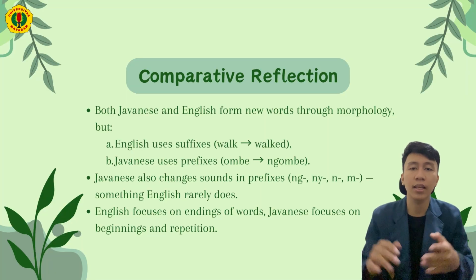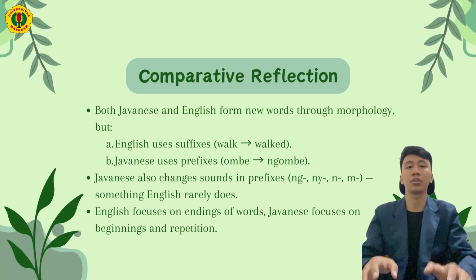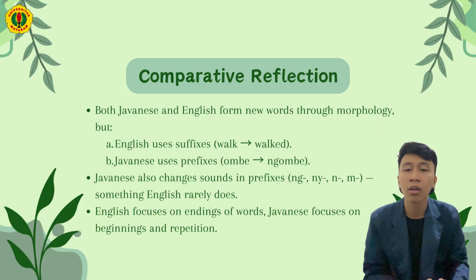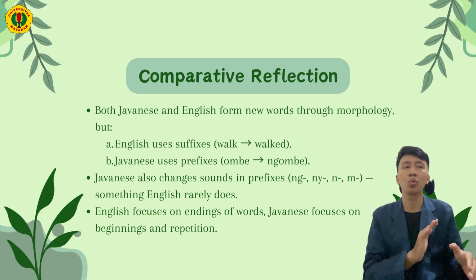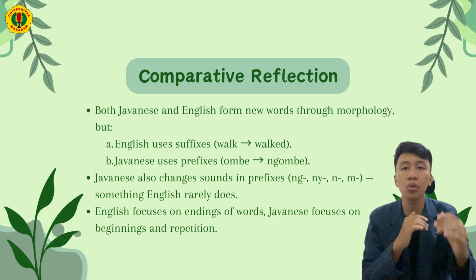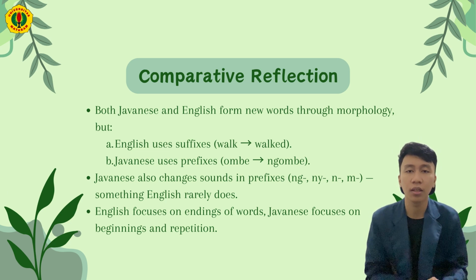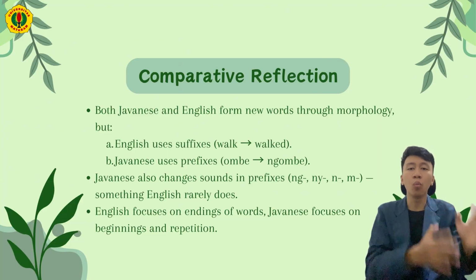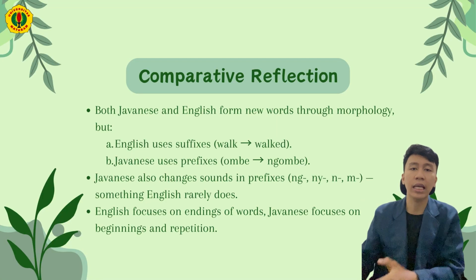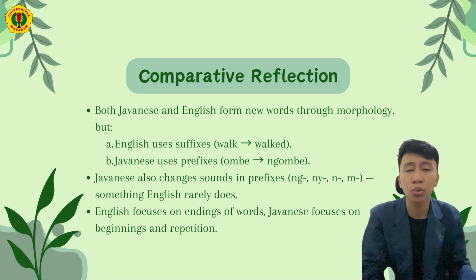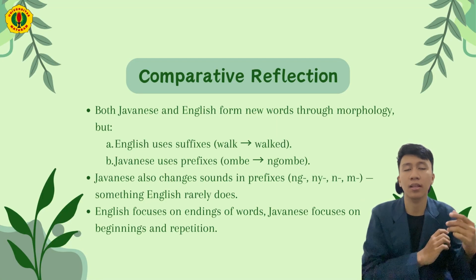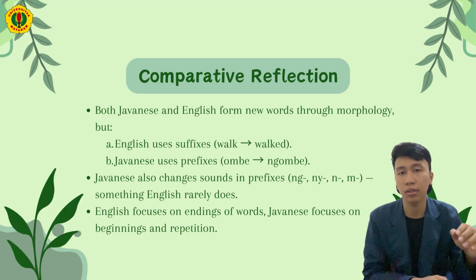So we can say that English focuses more on word endings to show grammatical information, while Javanese focuses more on word beginnings and repetitions to show actions and to say the plural.